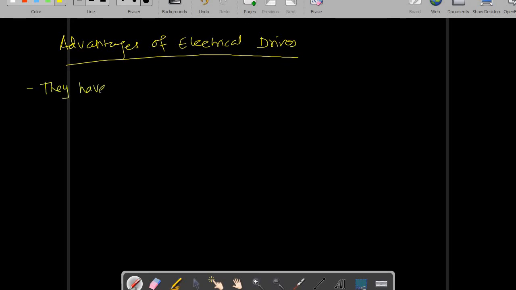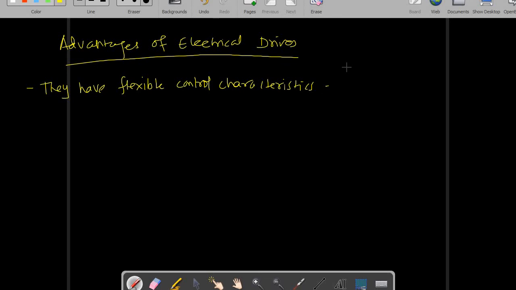When I say flexible control characteristics, we need to understand some points.